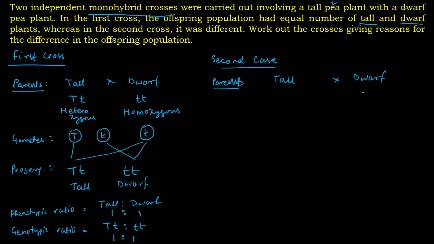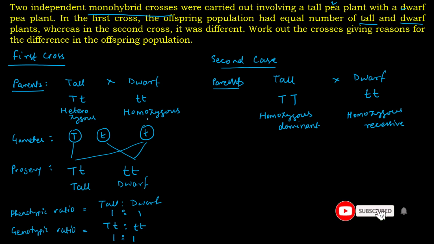The dwarf has only one type of genotype, that is small t small t, and for tall we have already taken one genotype, so the obvious genotype that is left is capital T capital T, which is homozygous dominant, and the dwarf is homozygous recessive.